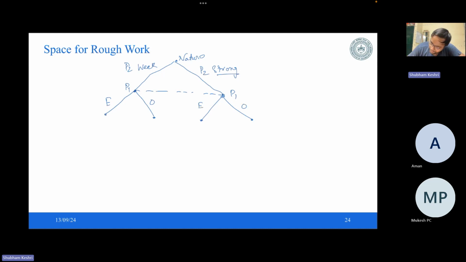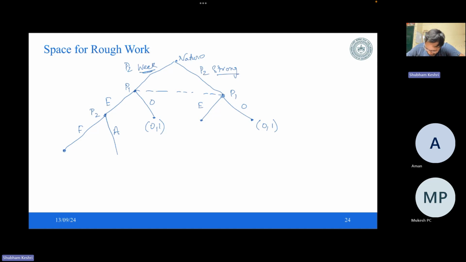If he remains out, the utility player 1 will get is 0 and player 2 will get 1. Again over here, if he remains out, he will get a utility of 0 and player 2 will get a utility of 1. But if he enters, the incumbent, player 2, can either fight or accommodate. So this is a weak player 2.